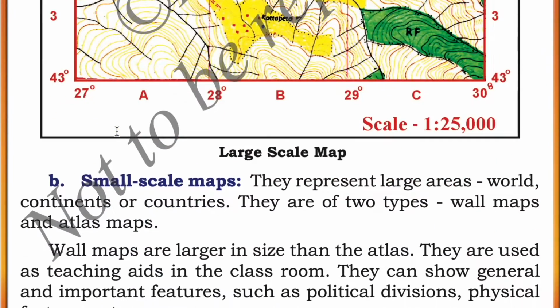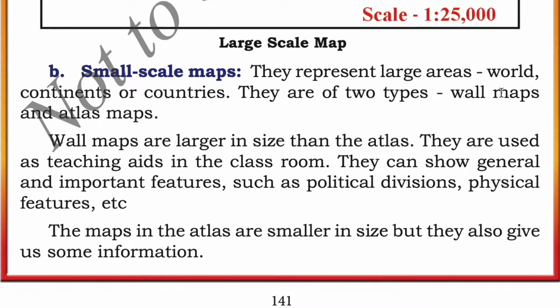Similarly, even in small scale maps, we have two types, that is wall maps and atlas maps. Wall maps are larger in size than the atlas. So you might have seen wall maps. We generally refer to them as charts. Okay, they might have these in your school library. So wall maps are used as teaching aids to teach about maps in a classroom.